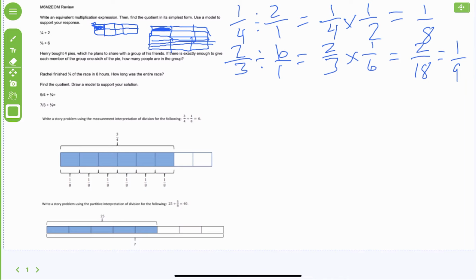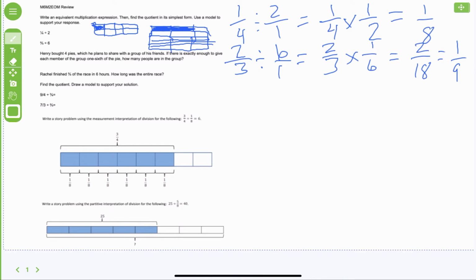Now how much is this? Right here. 2/18 or 1/9. Correct. Because we were talking about 2/3. All right.